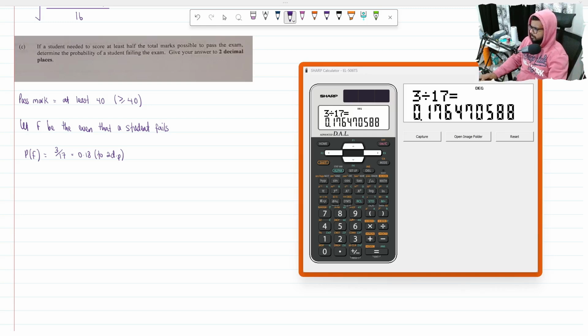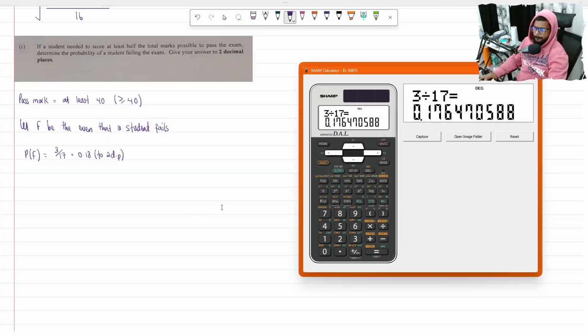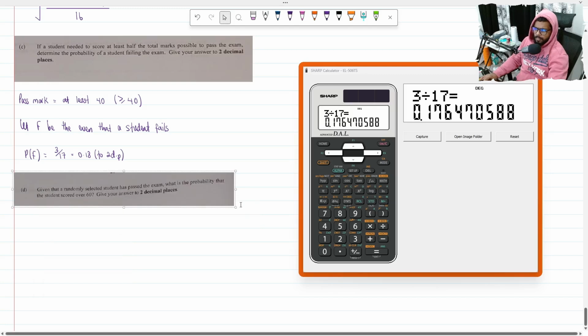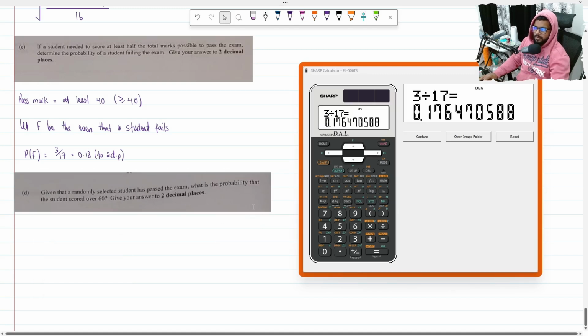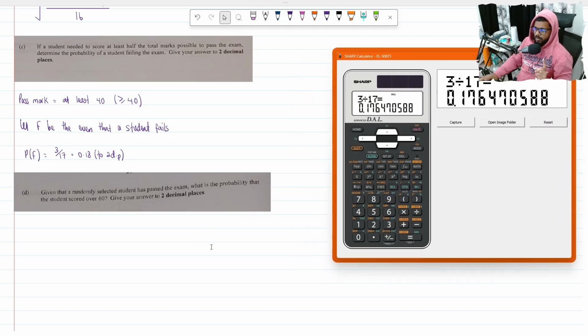Part D, zoom out this here. Given that a randomly selected student passes the exam, what is the probability that the student scored over 60? So this is conditional probability. So let me get 2 events.